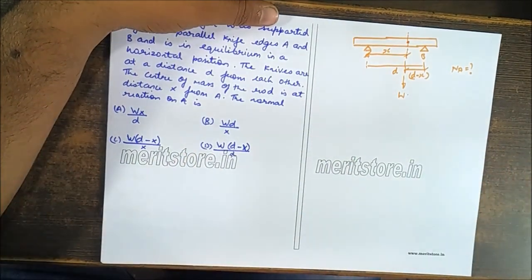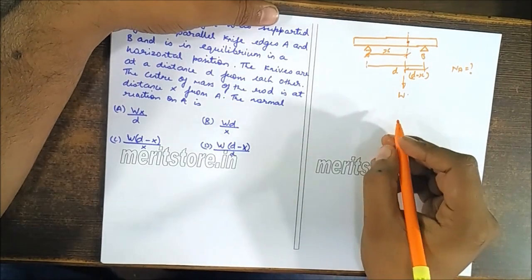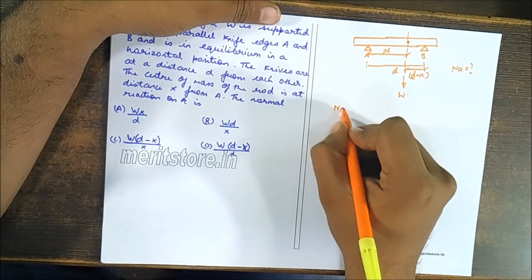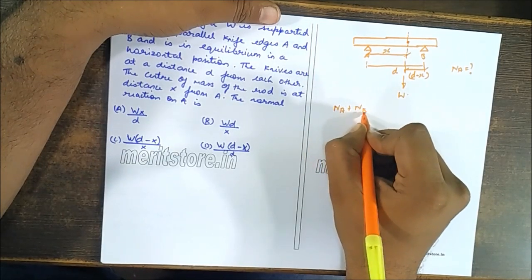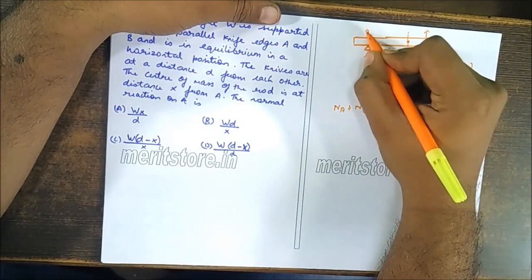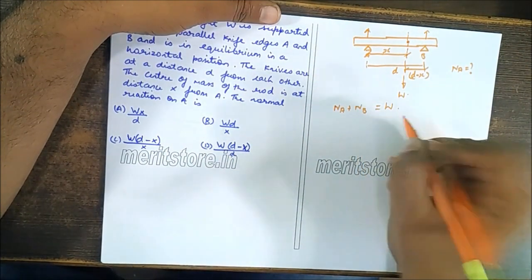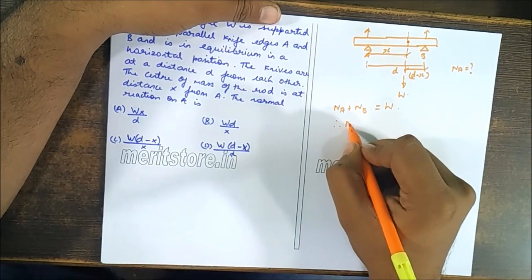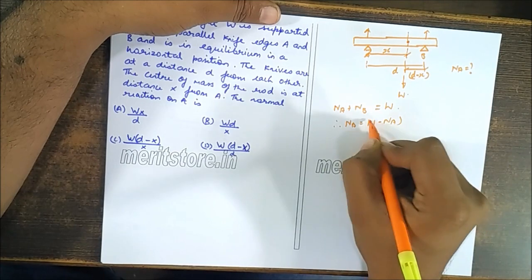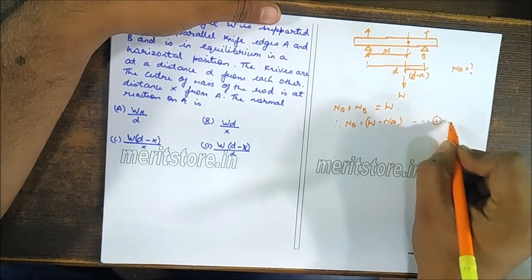I would use the condition of rotational equilibrium here. The combination of the normal reactions at A and B balances my weight. So NB will be W minus NA. This becomes my equation number 1.